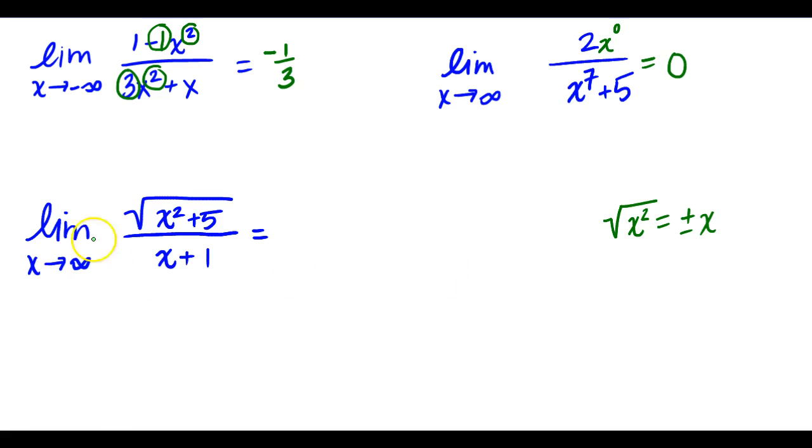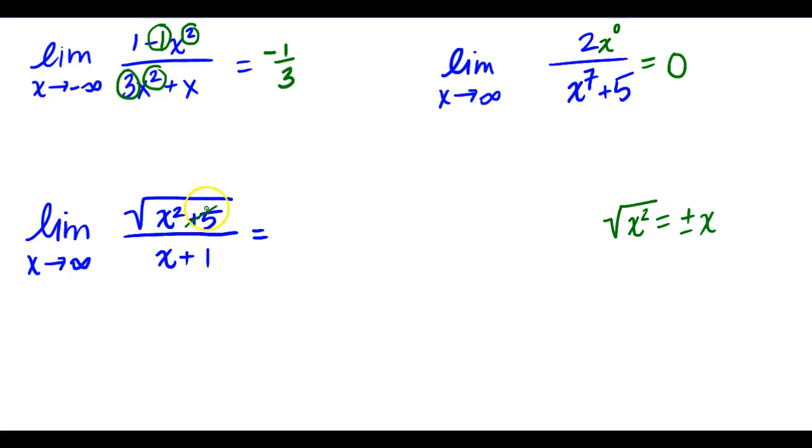Now, I'm going to have to take that back over to this limit and give it some thought. So again, if I plug in really big positive numbers into x, like 1,000,000 here for x, and square it, plus 5 sort of becomes irrelevant. So the plus 5 is something I can cross out in my mind, not necessarily on the paper.